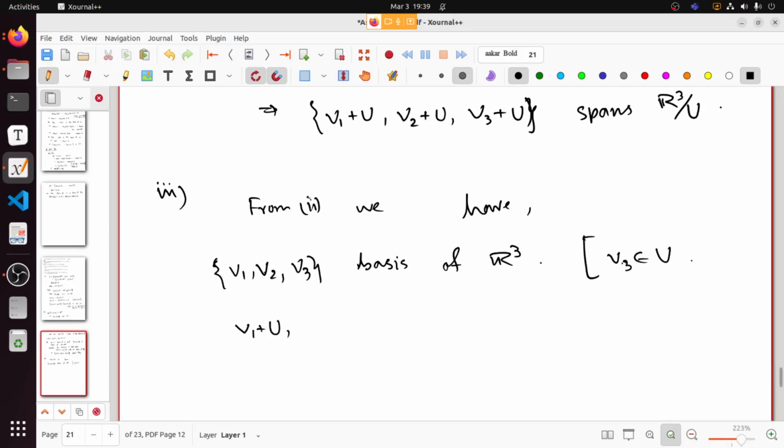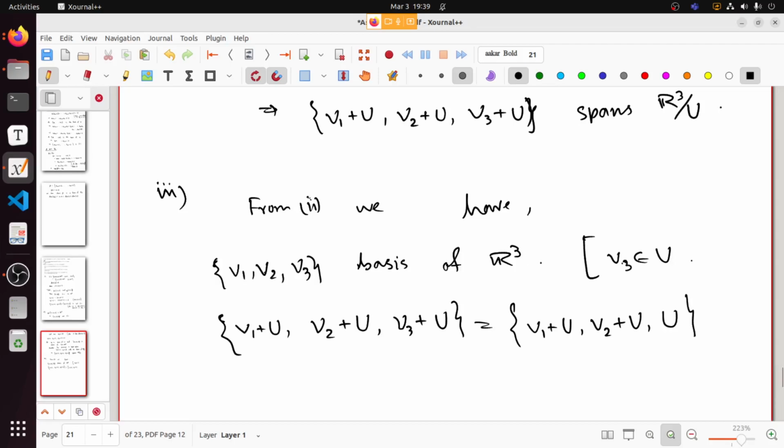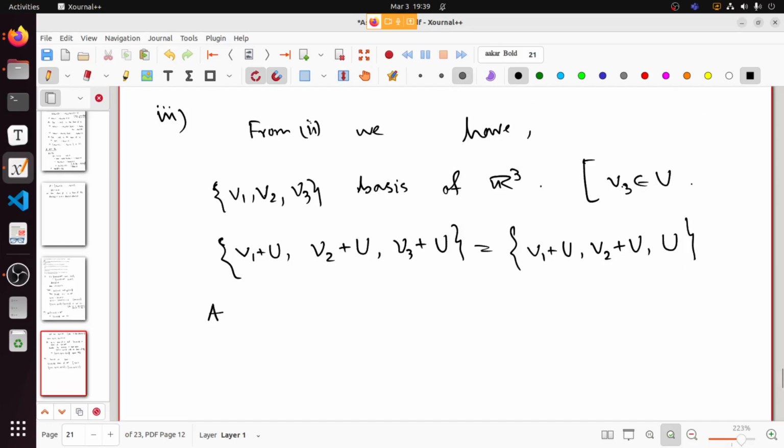So B1 plus U, B2 plus U and B3 plus U, and this is the U, the 0 vector. So the 0 vector is in this set, so this set cannot be linearly independent. This set spans R3 mod U, but it is not linearly independent, as the 0 vector U of R3 mod U is, let's say this set to be beta, in beta.